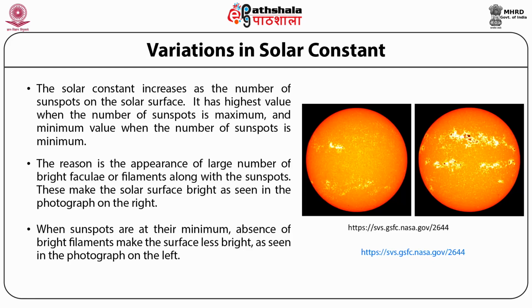It is interesting that when the solar surface is dotted with the maximum number of sunspots, total solar irradiance or the solar constant is maximum. At the sunspot maximum phase, a much larger area of the solar surface is covered by bright facule, making the Sun slightly brighter than when the sunspot number is minimum.